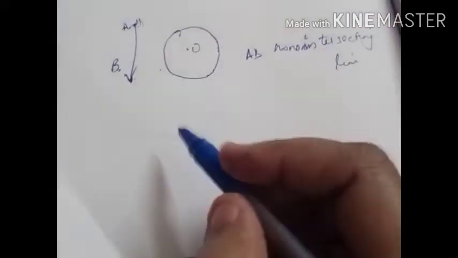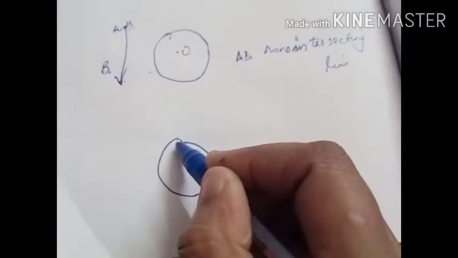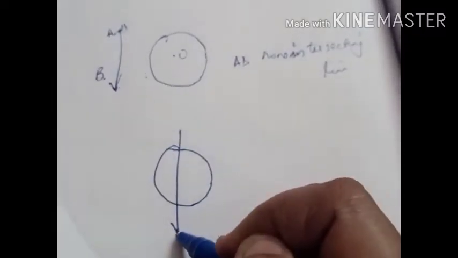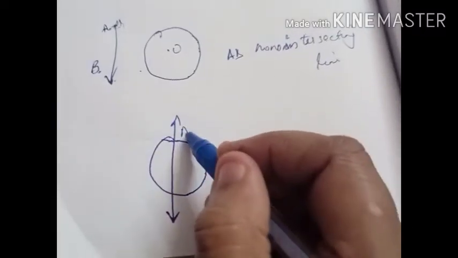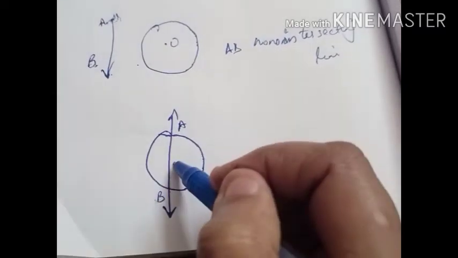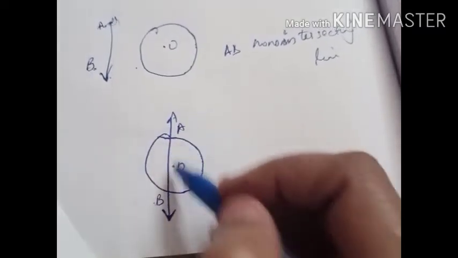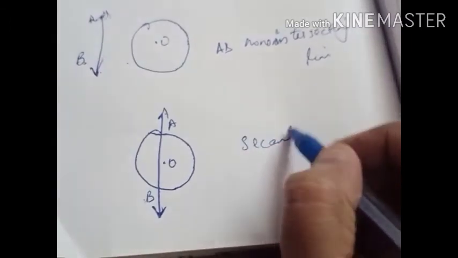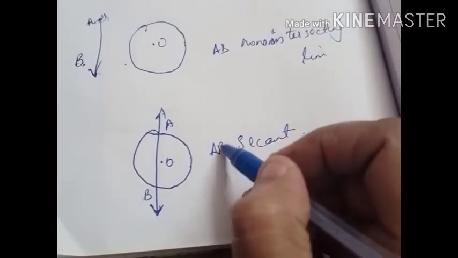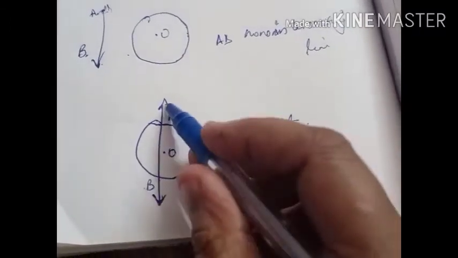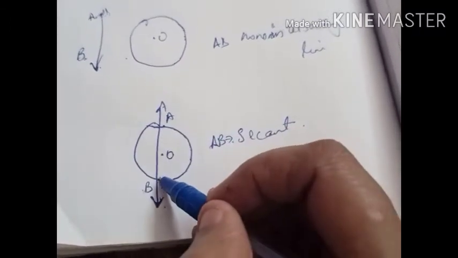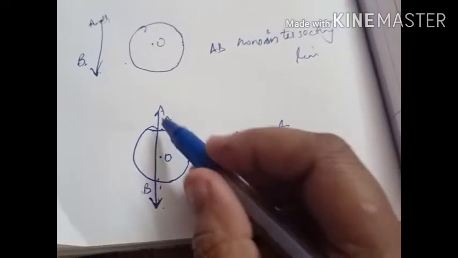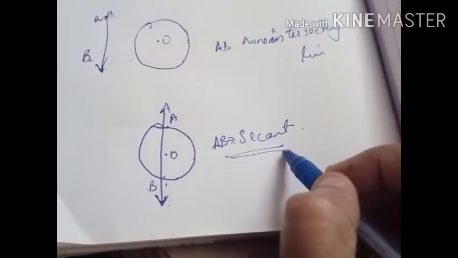Next case, if there are two common points for a line and a circle, then this line AB is known as secant. AB is the secant here.